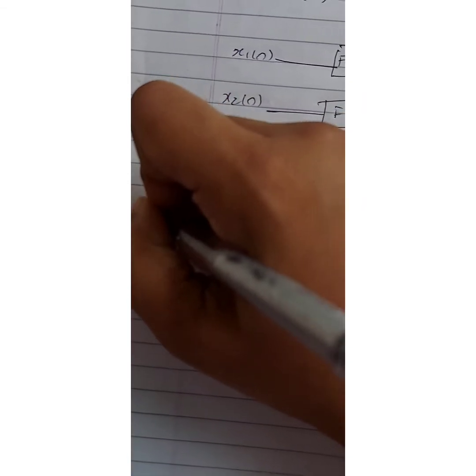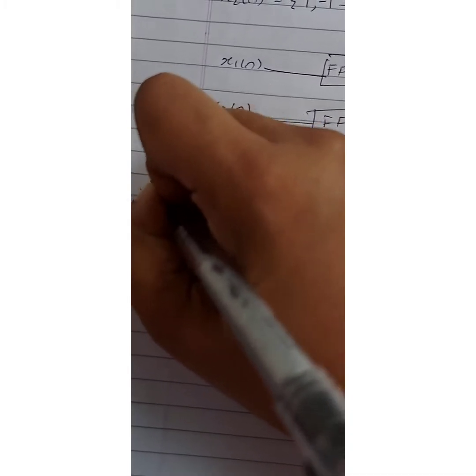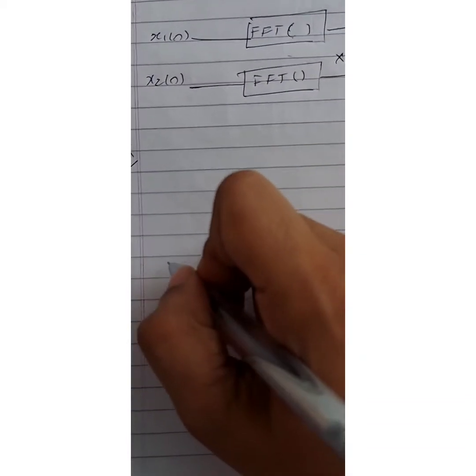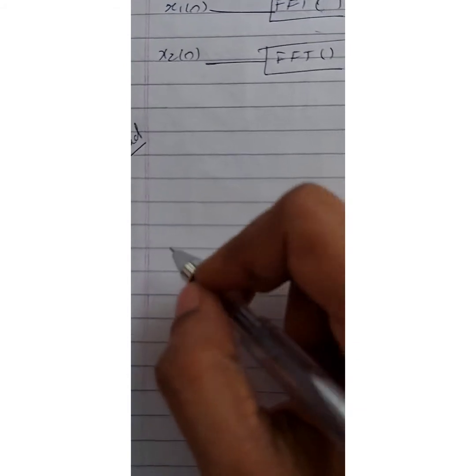Since it is just a 4-point FFT using DIT, remember, in DIT the input is bit reversed. Okay, so we are going to solve this problem in that way. First thing, draw the butterfly structure here.